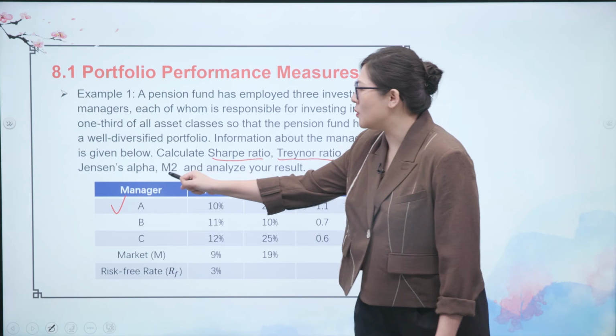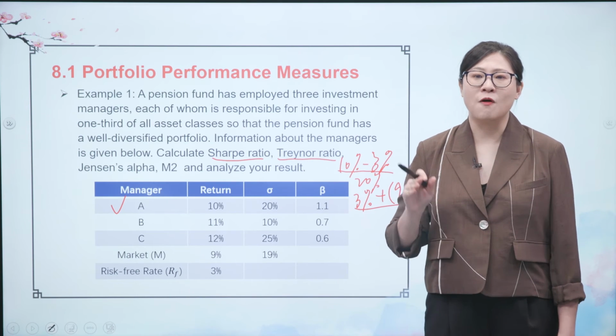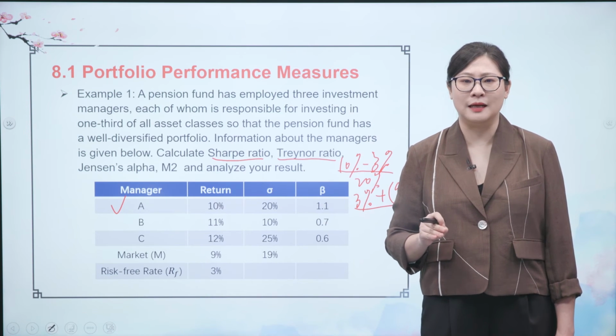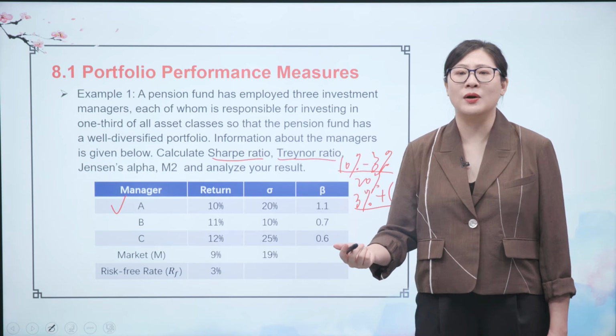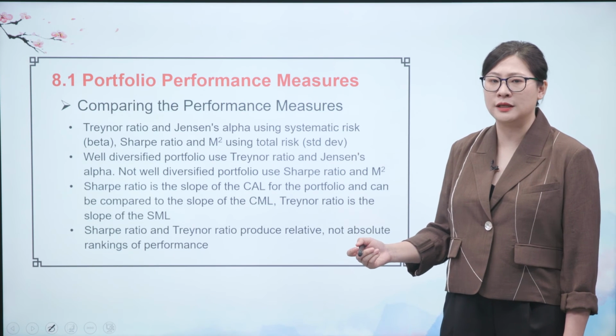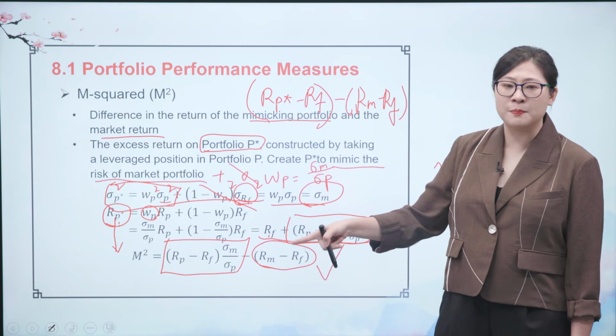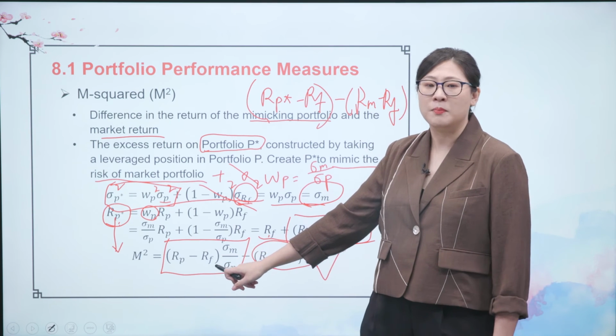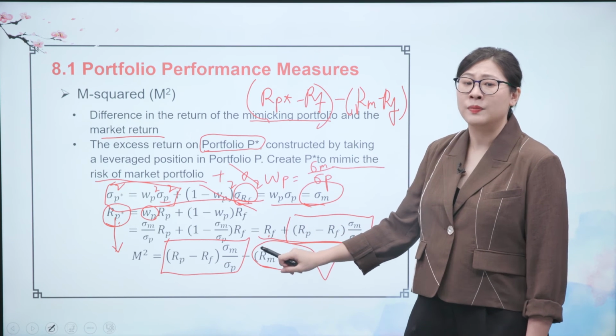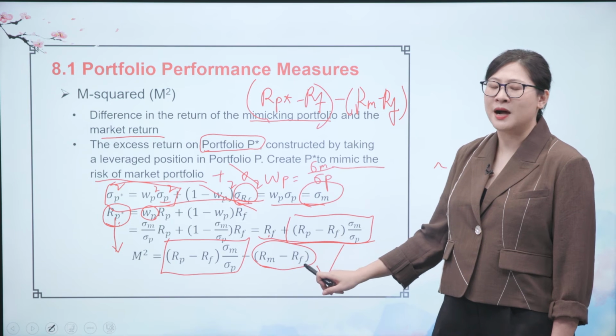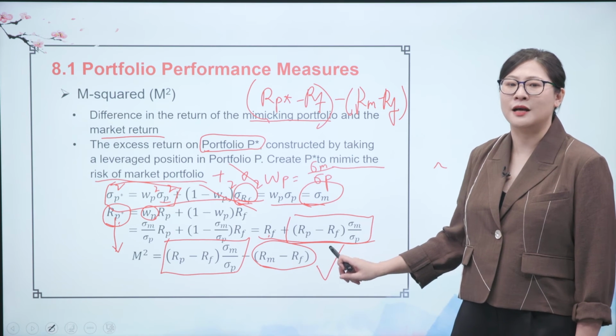The last one is M square. How can you calculate it? You go back to our equation. It equals Rp minus Rf, multiplied by sigma M over sigma P, minus Rm minus Rf.